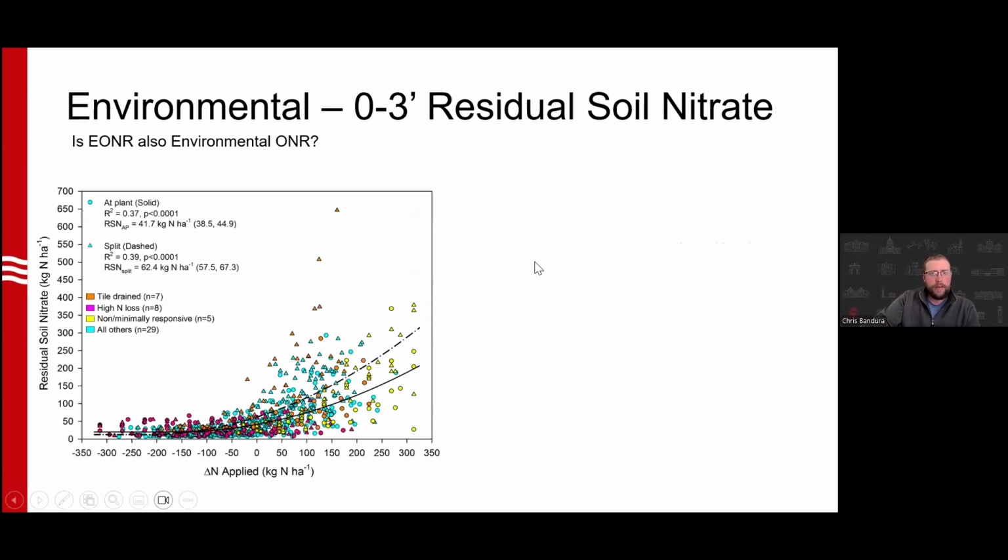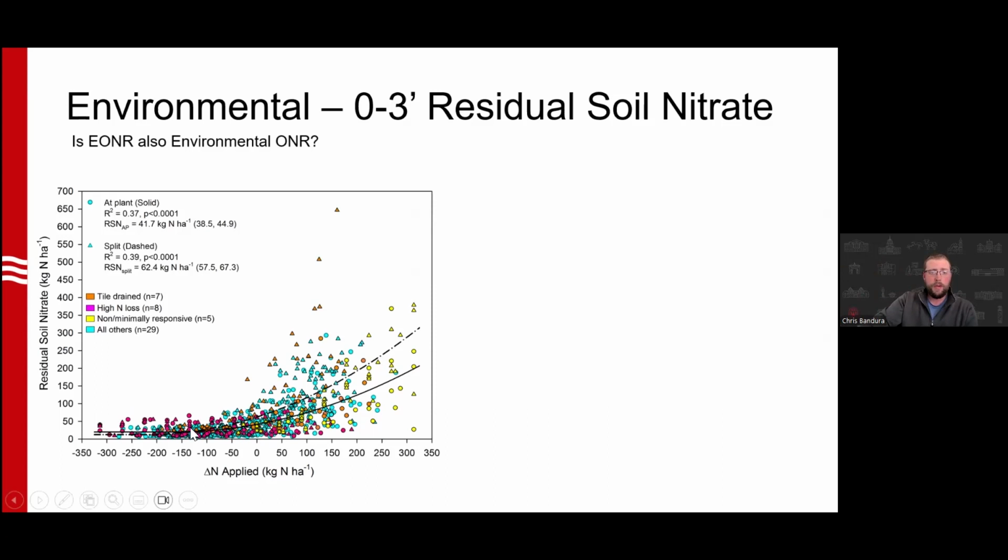Looking at the environmental component of this, although we didn't directly measure nitrogen loss from the system, what we did do was measure down to 3 foot soil nitrate after grain harvest. We're using that as a proxy to see how much N might have leached out during the growing season and how much N is sitting in that profile that could be leached after the growing season.